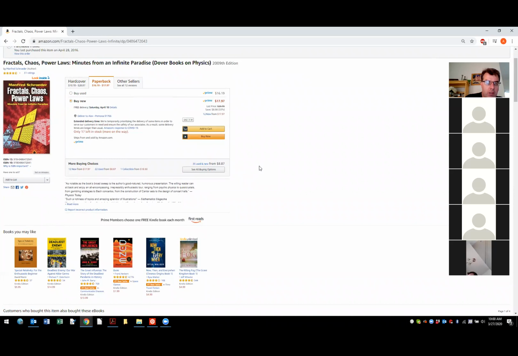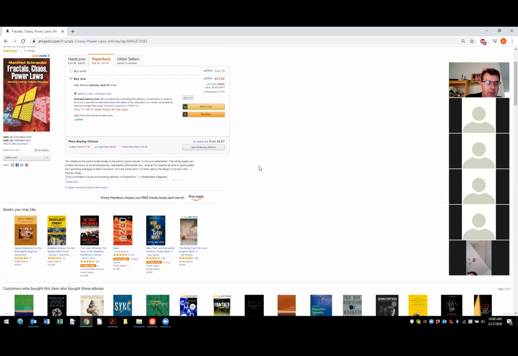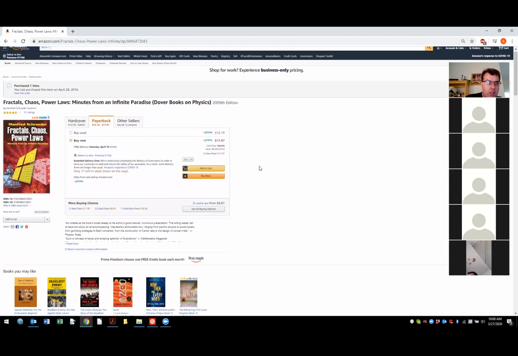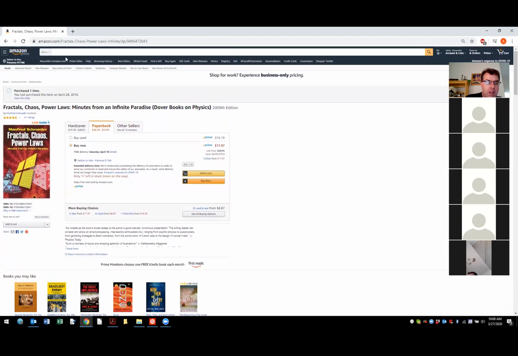Yet it's also simple enough that a lay reader could read it. If you're looking for something to read while hanging around inside, this is actually an amazingly fun tour through the ideas of the math behind chaos theory. Fractals, Chaos, and Power Laws by Manfred Schroeder.